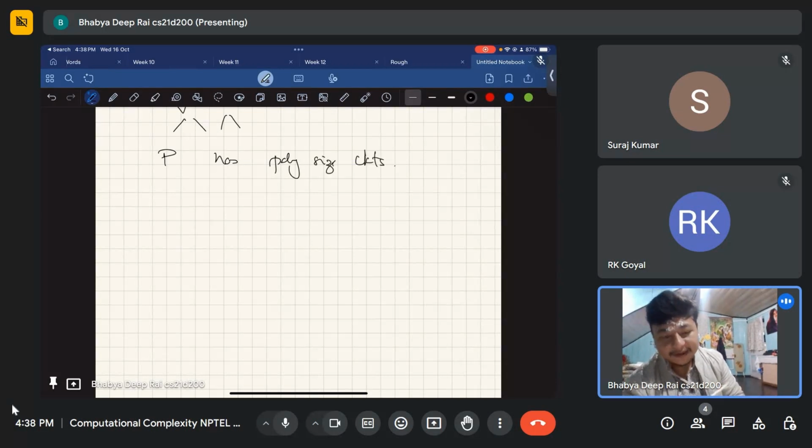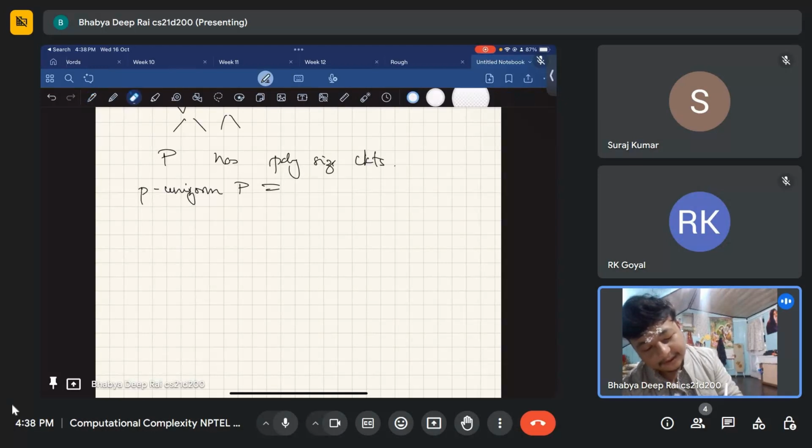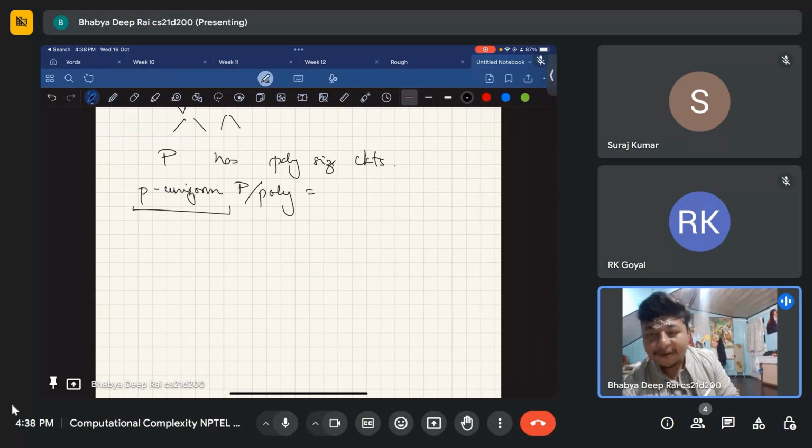In fact, P-uniform P/poly, which means circuits of polynomial size whose description can be computed in polynomial time, is exactly equal to P. So you can almost say that polynomial size circuits equal P.